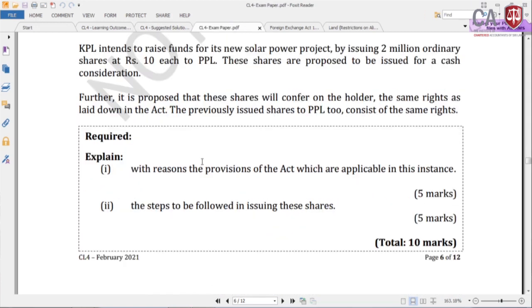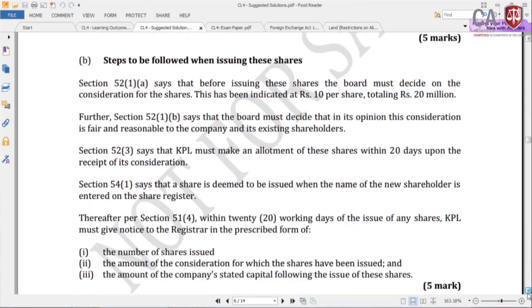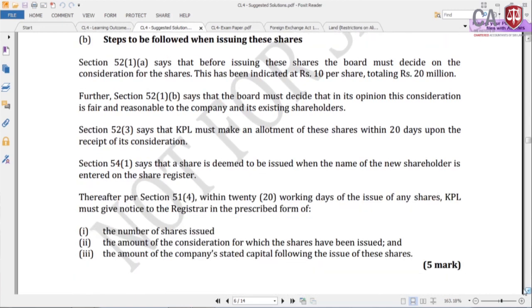Then the next question is the steps to be followed in issuing these shares. Steps to be followed in issuing such shares are like that. Section 52(1) says that before issuing these shares, the board must decide on the consideration for the shares. What consideration?